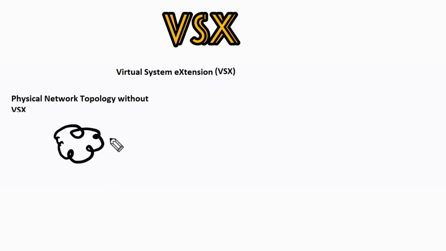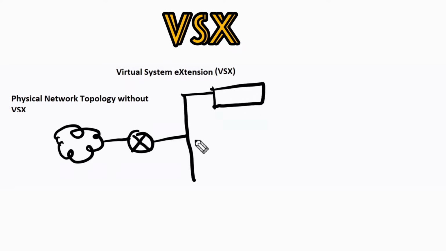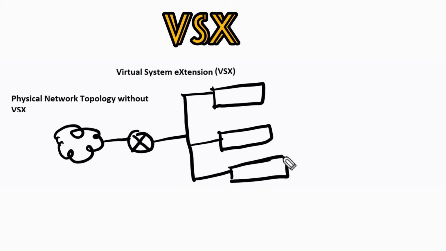Then there will be some external router from the service provider. After that you have your firewalls configured. Consider this is a separate firewall, this is another separate firewall, and this is another separate firewall. All these firewalls are protecting their own separate networks.